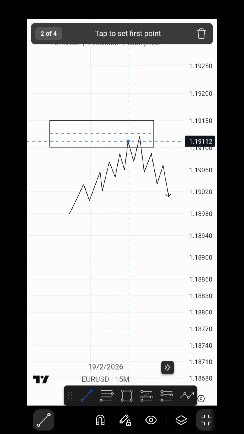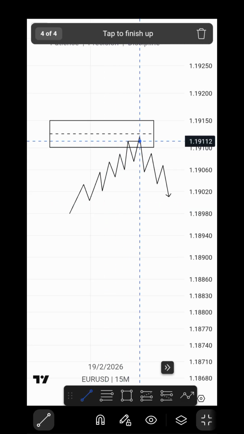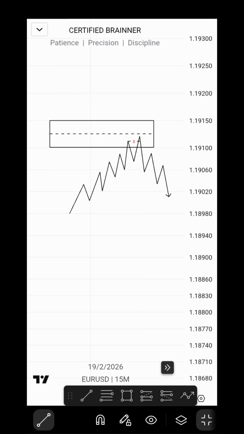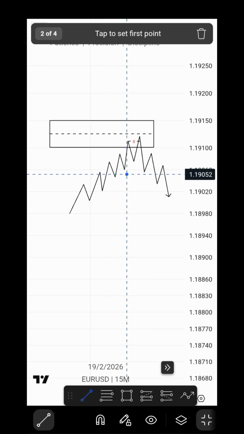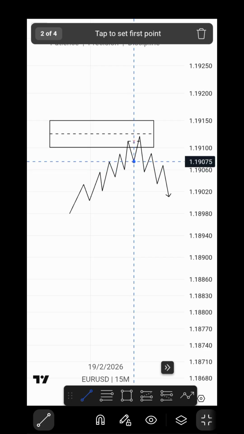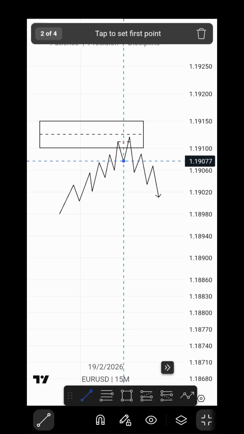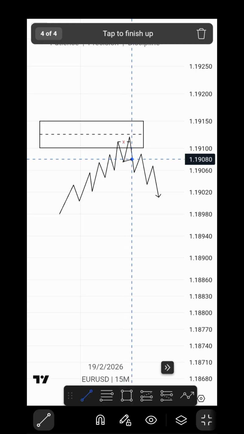All you want to see is a sweep, right? So let me just mark that real quick. A sweep, and a market structure shift around the zone. A market structure shift. Boom.